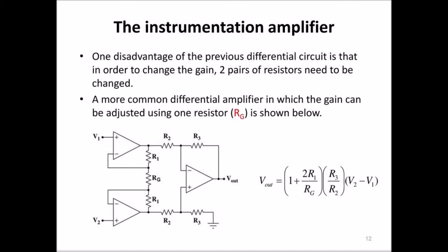V out is equal to (1 plus 2 R1 divided by RG) times (R3 divided by R2), the whole multiplied by (V2 minus V1). This is the output equation for the instrumentation amplifier.